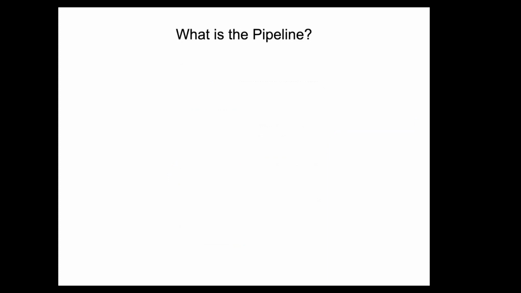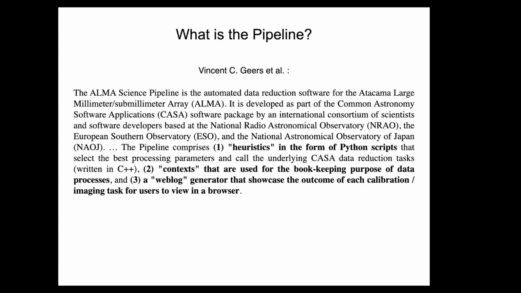I will start with a very simple question: what is a pipeline? I found an explanation in a presentation given by Vincent Geers, where he says that the pipeline is an automated data reduction software for ALMA.